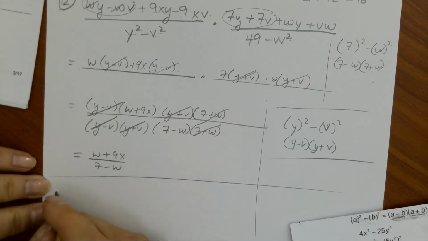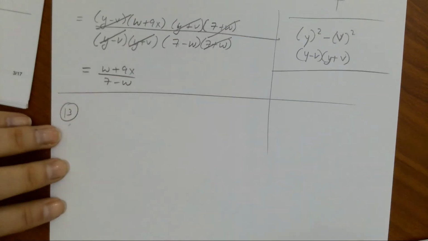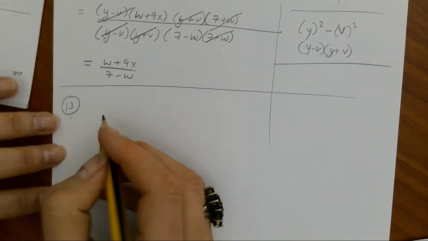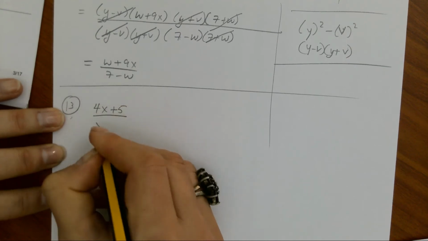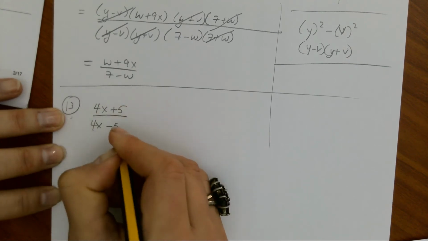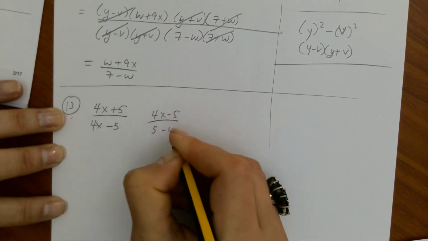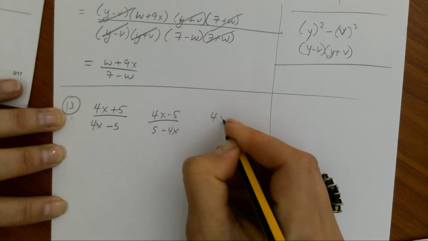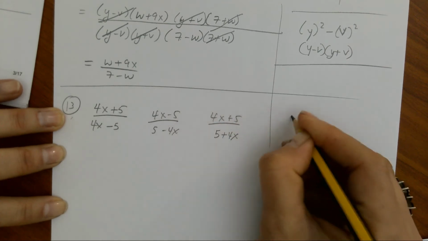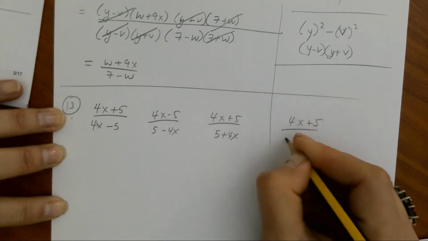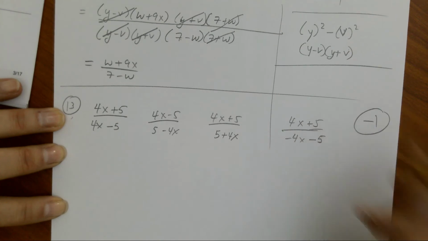Okay, 13. It says, which 2 of the following are equal to negative 1? I'm going to write them all out. Okay, so it says which ones are equal to negative 1.